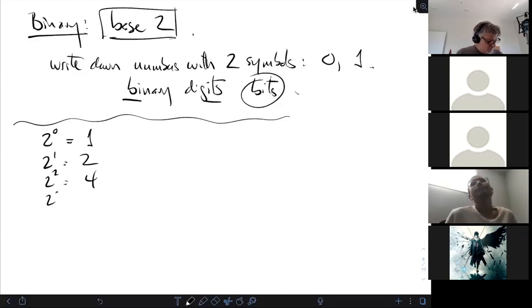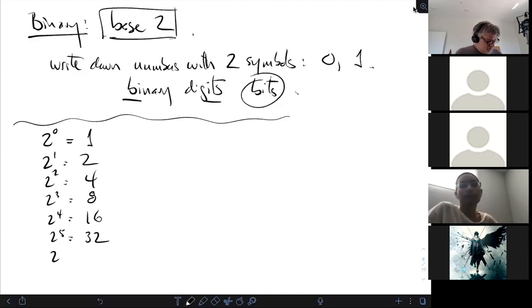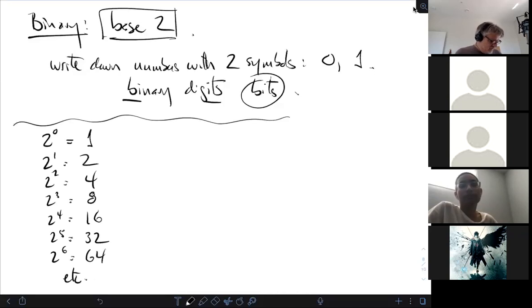Just multiply by 2 every time. 2 power 3 is 8. 2 power 4 is 16. 2 power 5 is 32. 2 power 6 is 64. Do I need more than that? No. If you want more, you just keep on multiplying by 2.